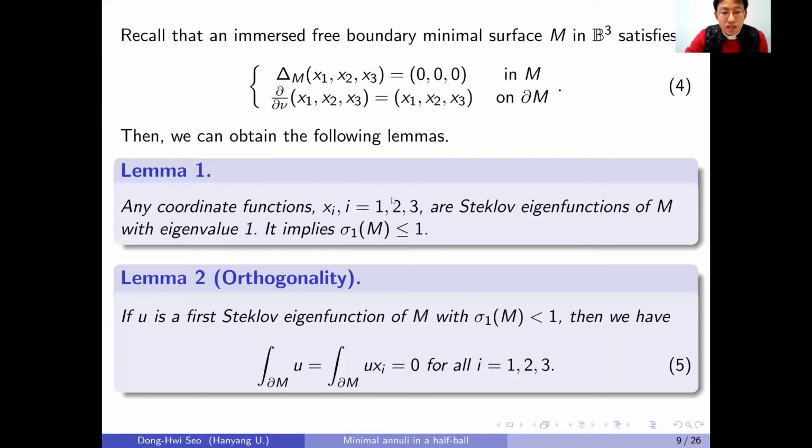So the coordinate function should be a Steklov eigenfunction, and the first eigenvalue should be less than or equal to 1. If you assume the first eigenvalue is less than 1, then the first eigenfunction should be perpendicular to the constant function and coordinate functions.